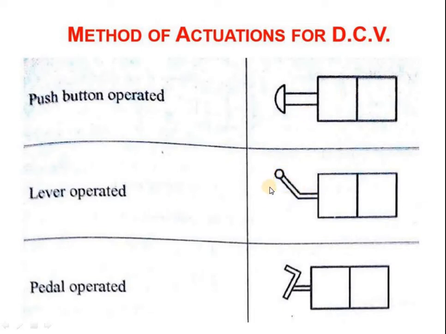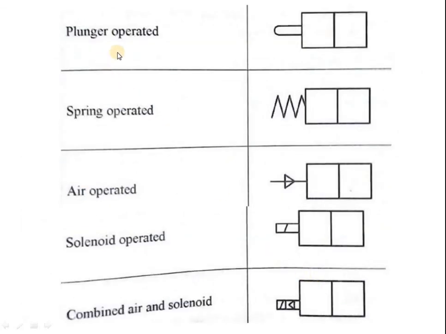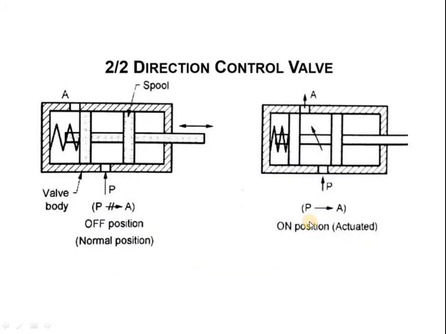Again you can manually change the lever position and the position of the valve will change. The third one is pedal operated, and next is plunger operated. It is the plunger and spring operated. Here there is pneumatic or pilot operated, solenoid operated, and combined air and solenoid operated. These are the symbolic representations of the actuation of DC valves.